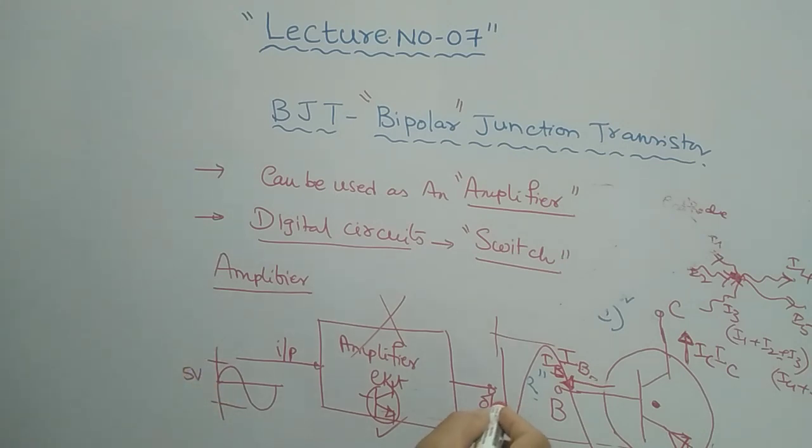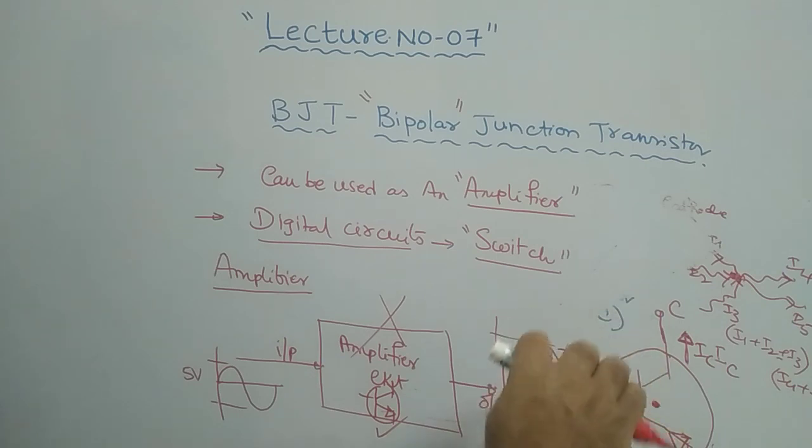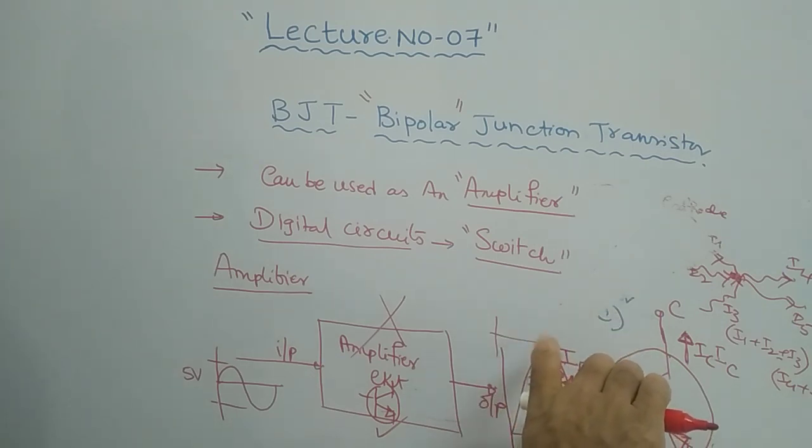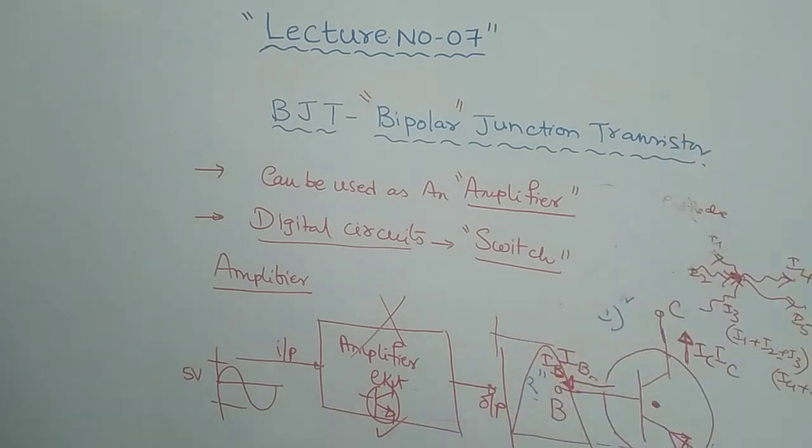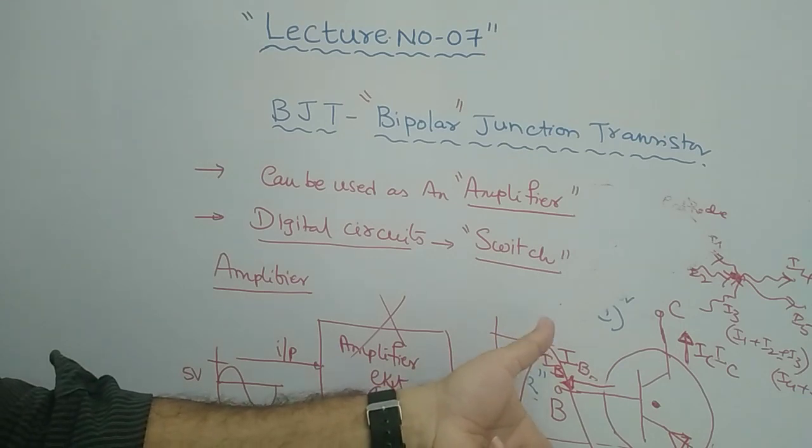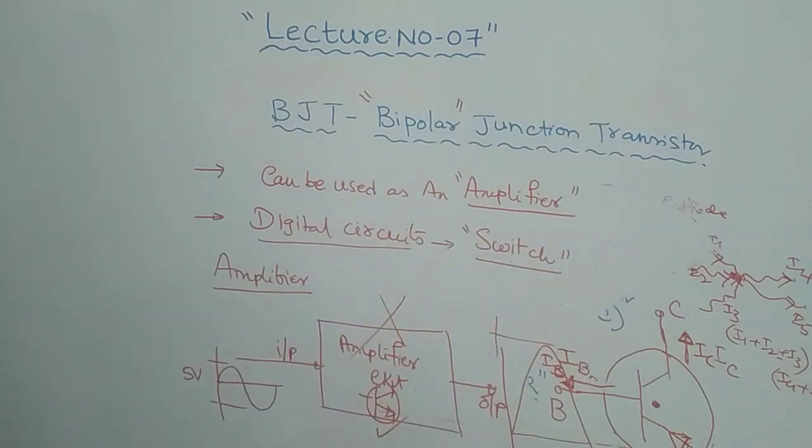And at the output, as the amplitude is more and we call it a large signal or a strong signal, obviously the output impedance is more. So the input impedance is somewhat less, whereas the output impedance is very high for an amplifier circuit.